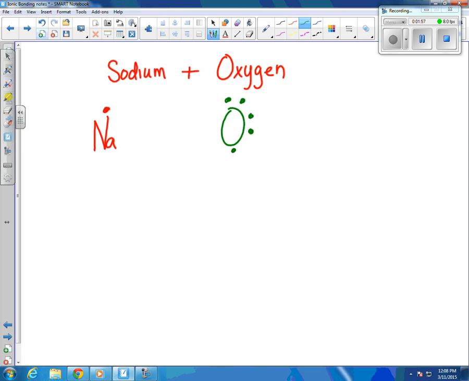Put 1 on one side, 1 on the other side. Okay, so first one's easy to see. Sodium's going to give 1. Then I'm going to have 1 ion that has sodium plus 1. Then sodium's happy. Yay, octet rule.